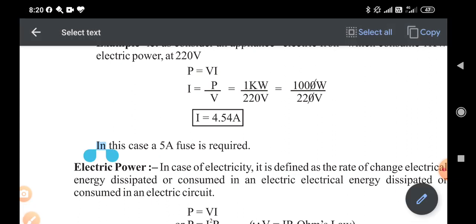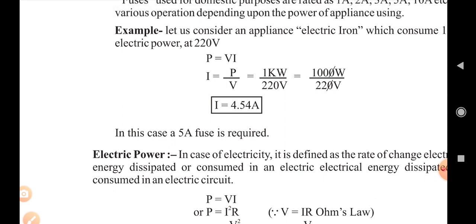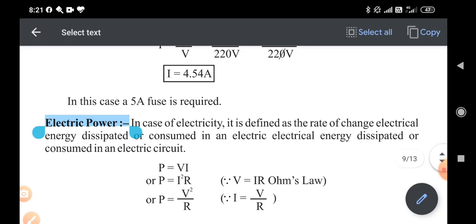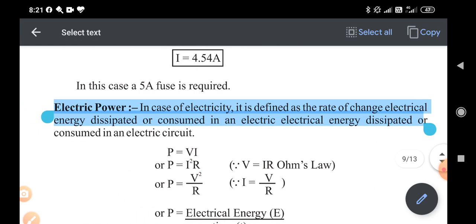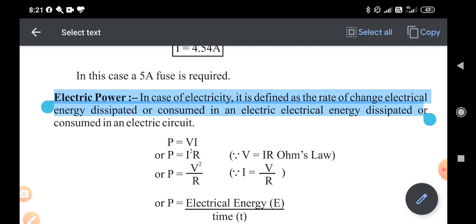Now, let us come to our next topic, electric power. In case of electricity, it is defined as the rate of change of electrical energy dissipated or consumed in an electric circuit.